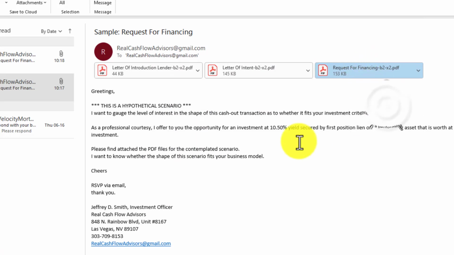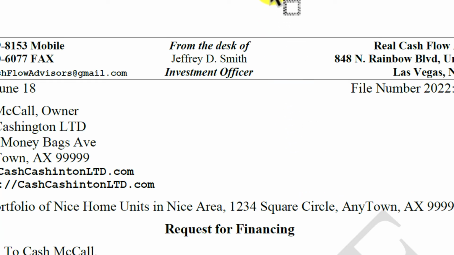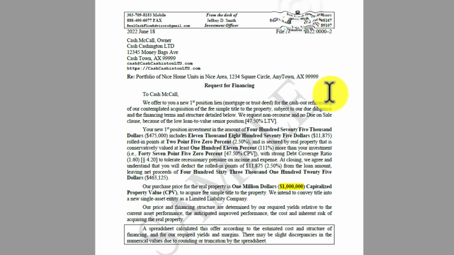Request for financing. Slightly different. This is to a lender, like a hard money lender, so it talks about doing a cash out refinance and the parameters that are relevant for the lender.